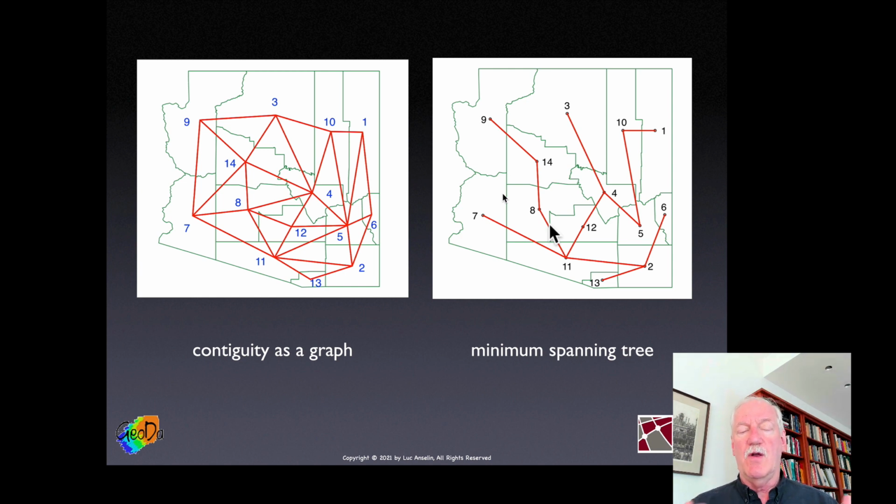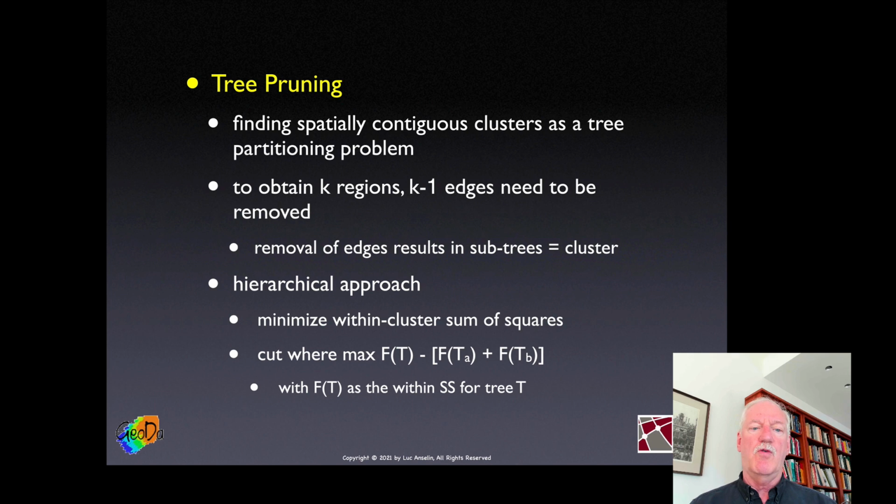And so in the logic of the SKATER algorithm, where we cut is where we get the greatest improvement in this respect. So we prune the tree and we consider finding the spatially contiguous clusters as the result of a tree partitioning or tree pruning problem.